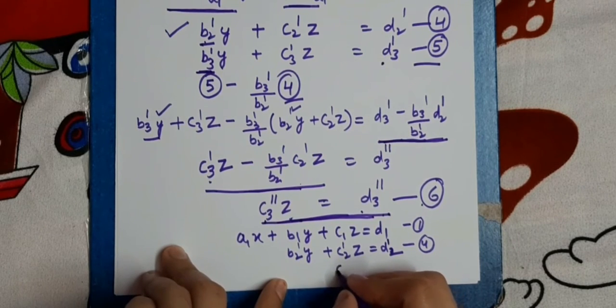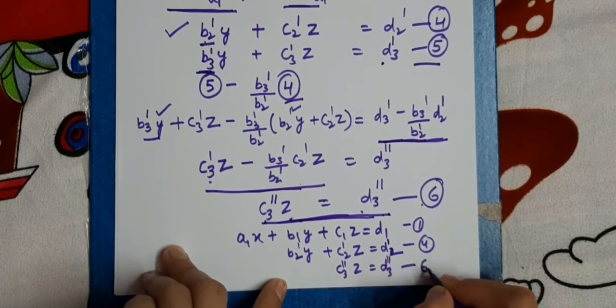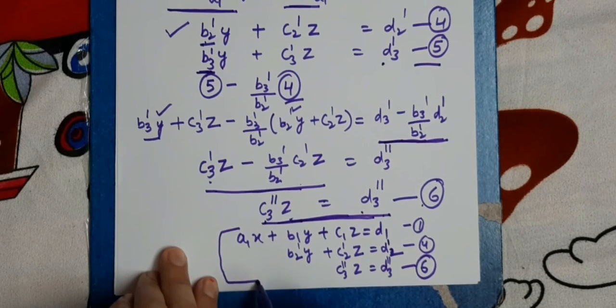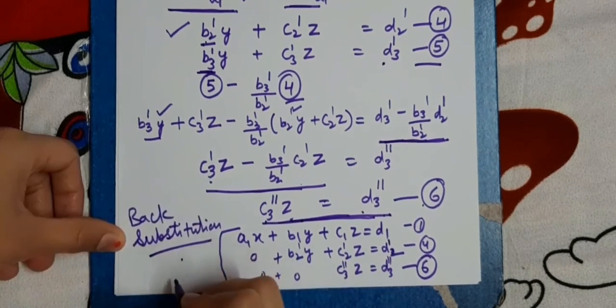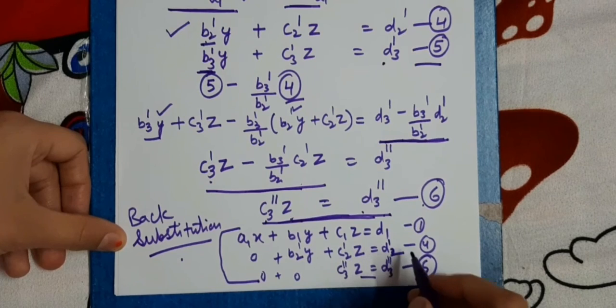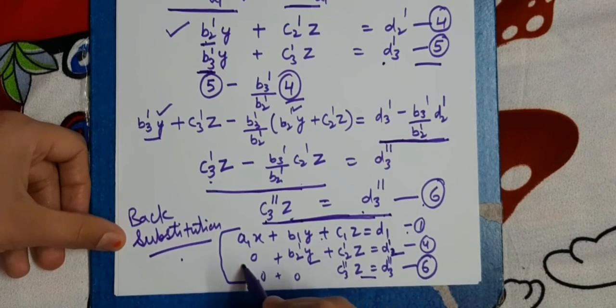Sixth equation is c3 double dash z is equal to d3 double dash. Now the system is an upper triangular system. Here x is 0, y is 0. Now using back substitution we will find z from equation number 6, y from equation number 4, and x from equation number 1. We will put the value of z here, find y, then we will put y and z here and find the value of x.